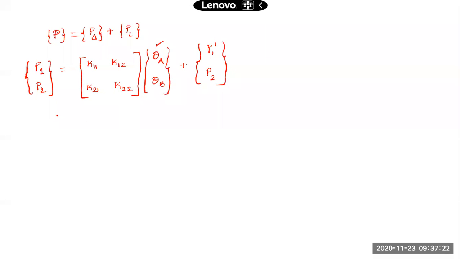So I can go for finding these unknown displacements, theta A and theta B, by rearranging these matrices.